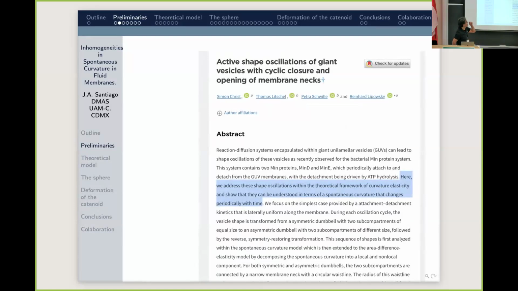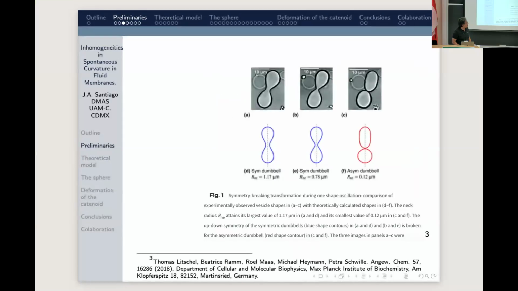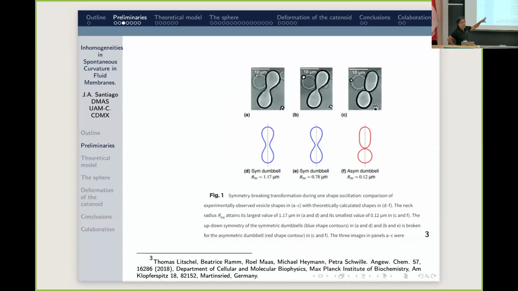For instance, in this work, they inject some kind of proteins into the membrane, then observe deformations of the membrane, this kind of shapes, a kind of dumbbell, with spheres forming within this waist here.